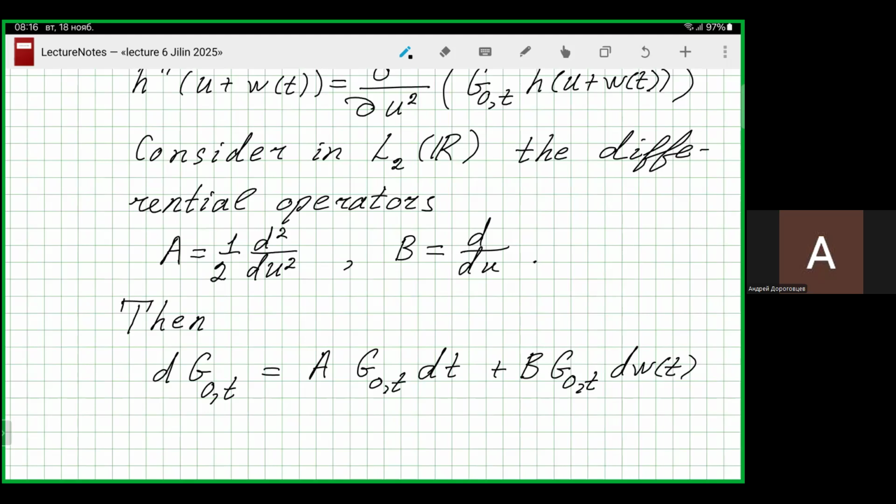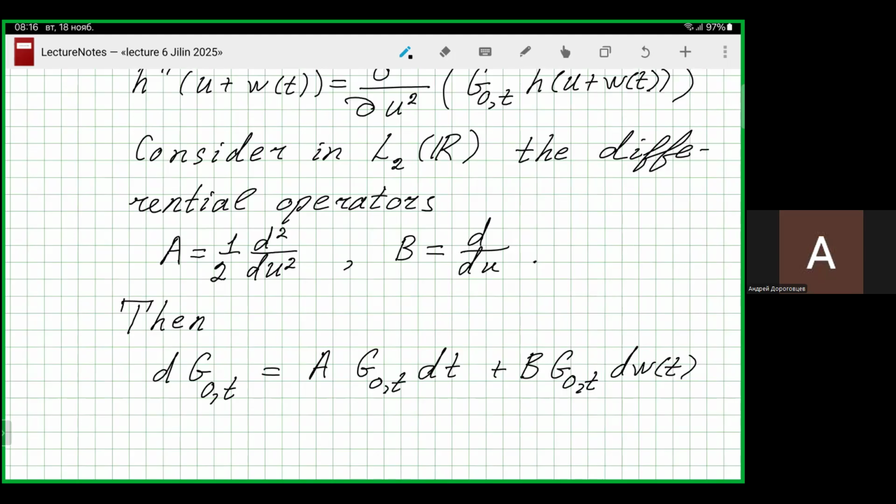From this point of view, we need to be careful with this equation and every time give a strong definition of what we are considering. So when considering such an equation, we have to apply our stochastic semigroup J_{0T} to some good function h.